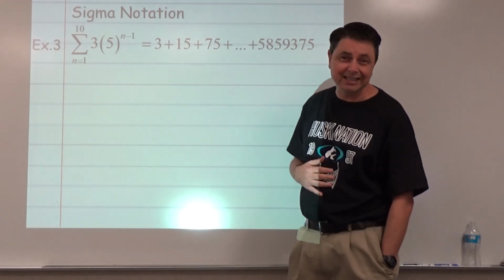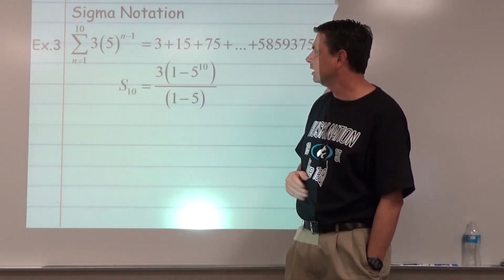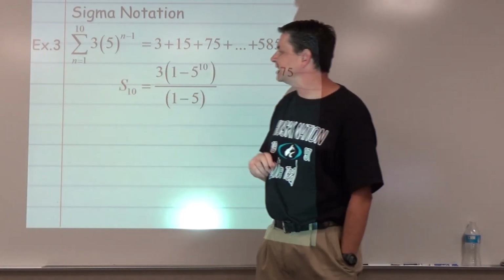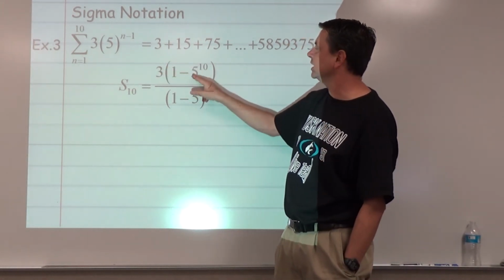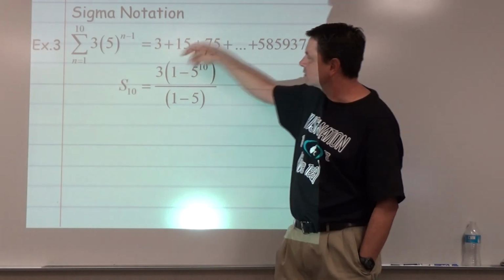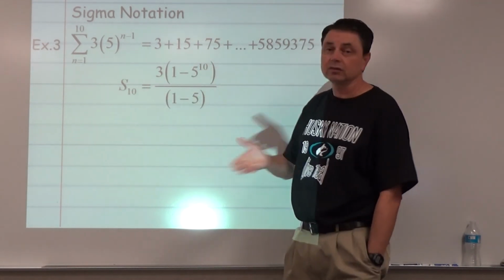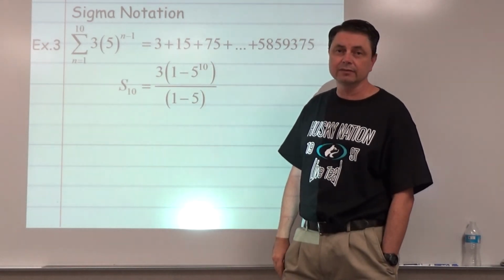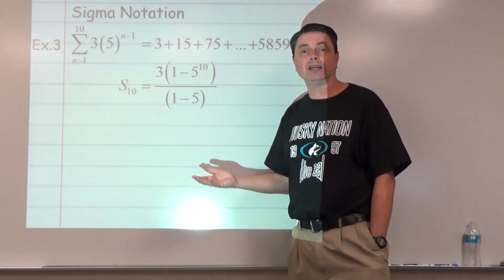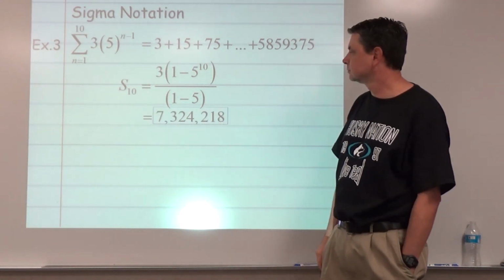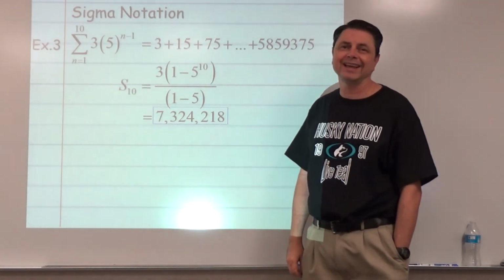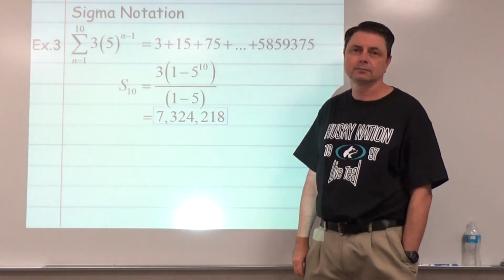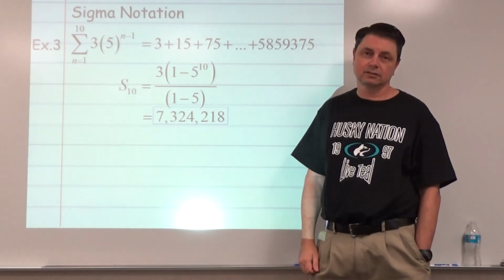I don't think we really need that actually to find our sum, because our sum of the first 10 terms is a sub 1 times (1 minus r to the n), over (1 minus r). So we're talking about 10. Ready to put that into the calculator. What are you going to get? 7,324,218. That's it for today. I'll see you next time.